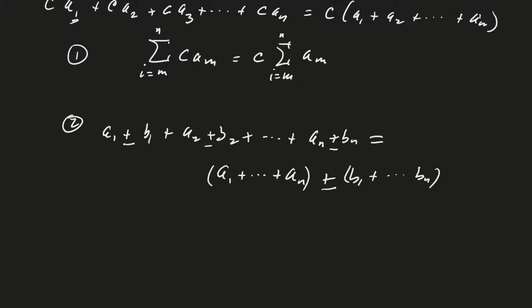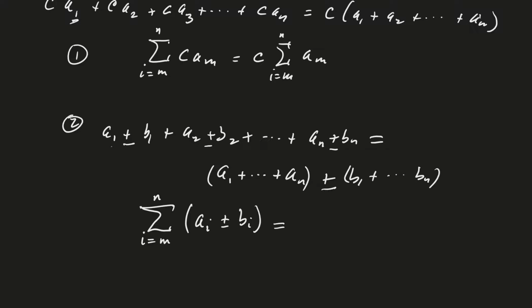Putting this in summation notation, I started with 1 again instead of m. I don't know why the book wants to start with m, but we'll go ahead and start with m for the book in our sigma notation. So this would be the sum from i equals m to n of a sub i plus or minus b sub i. And we've just shown that you could rewrite that.